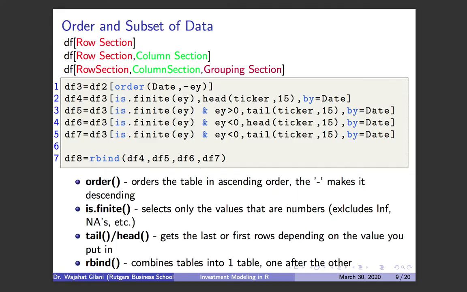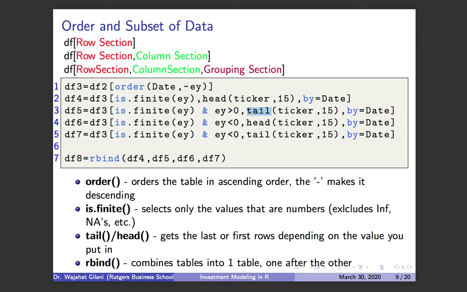In each subtable now, I'm not calling the head function for the second strategy. I'm calling the tail function. I'm saying give me the 15 lowest tickers, right? Now again, remember, the table is already sorted by EY in descending order.